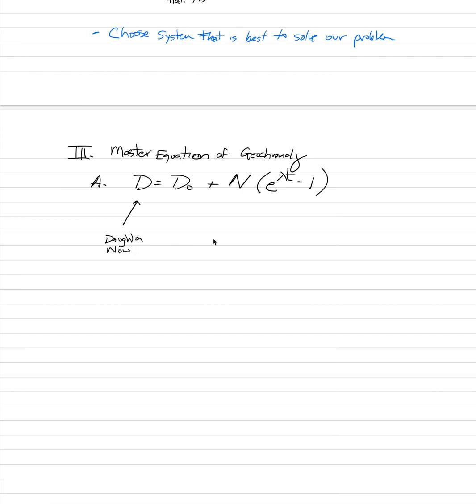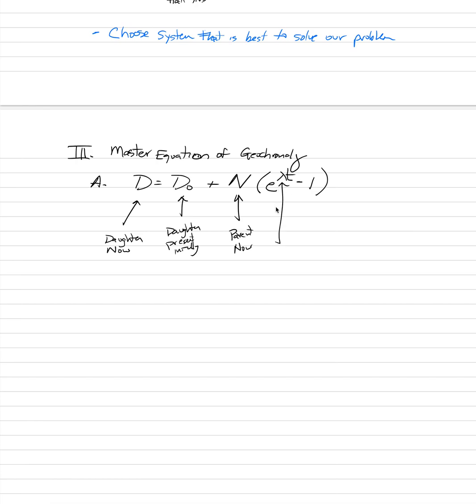We need to measure how much daughter is present in the mineral today. D naught is how much daughter was present initially. N, maybe we should have put P there, because N actually stands for the parent that's present now in the mineral. E is just the math function.